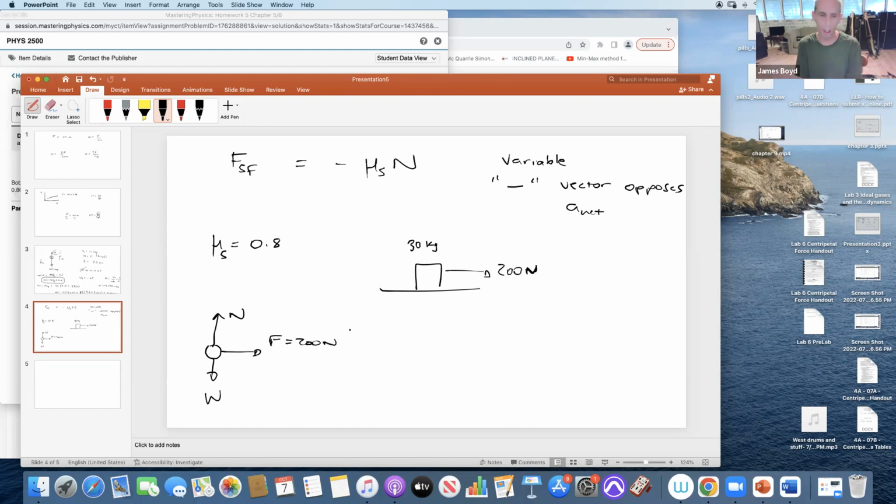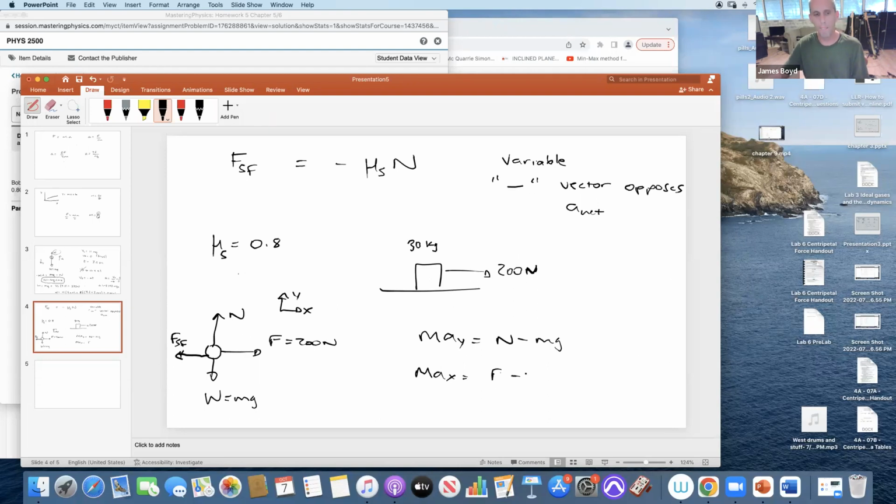It can't move in the Y. It actually can't move in the X unless we overcome static friction. But that means that in order to balance this, our static friction force has to be opposing the only force in the X. So we write MAY is N minus the weight, which is mg in this case. And we write MAX, don't forget this.